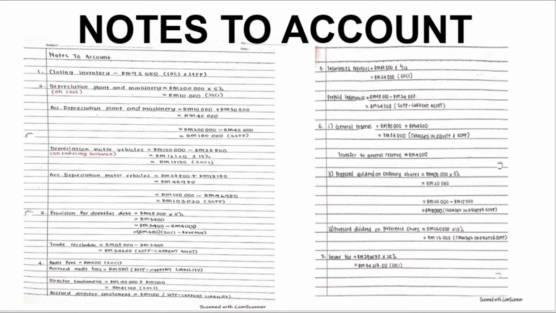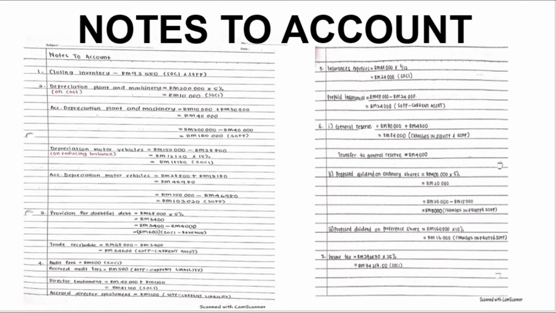After that, note 5, insurance expenses is for 12 months beginning from 1st July 2018. The calculation of insurance expenses starts from July until December, which is 6 months.